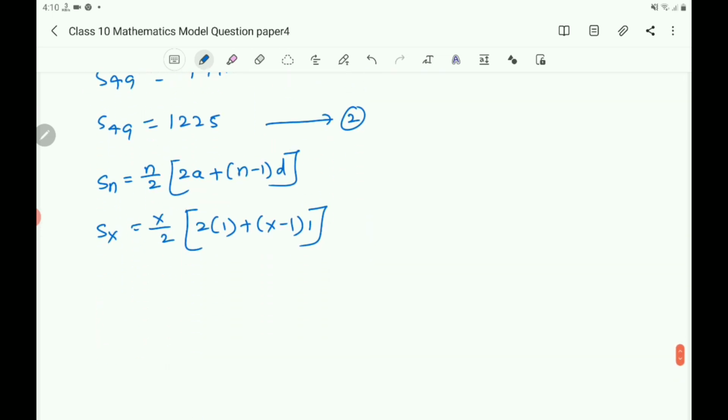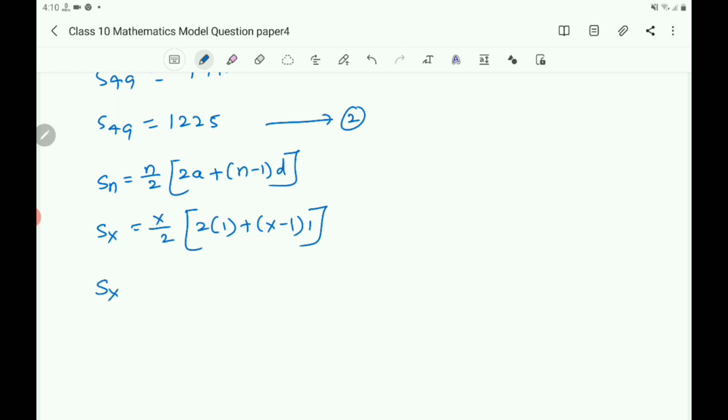So you get Sx equals x by 2 into (2 into 1 plus (x minus 1) into 1). That is, in this formula we substituted a equals 1, d equals 1, and n equals x.